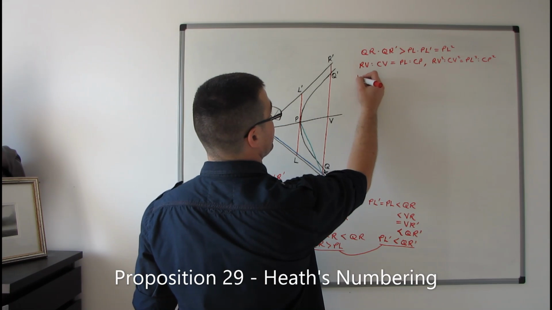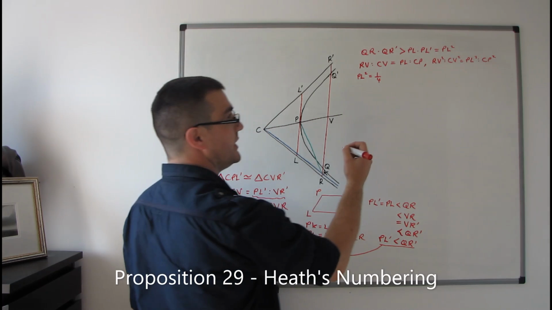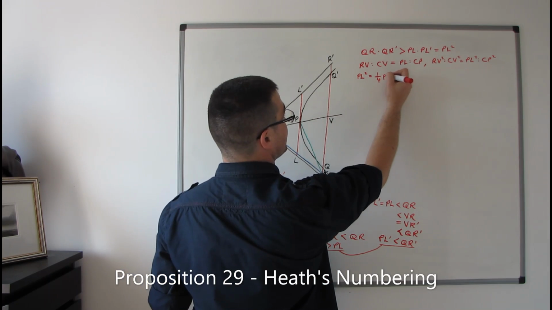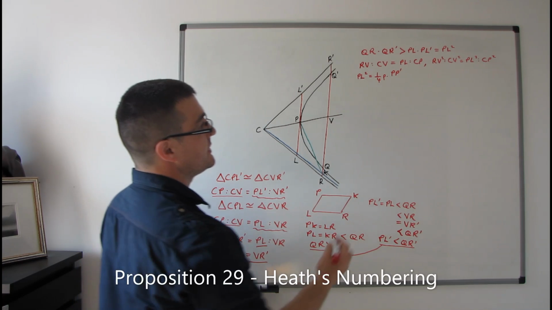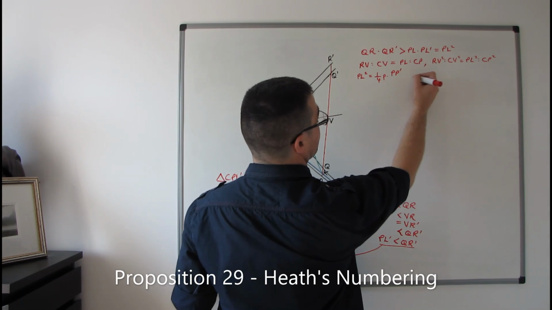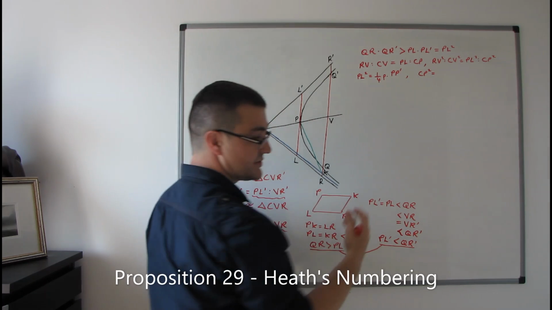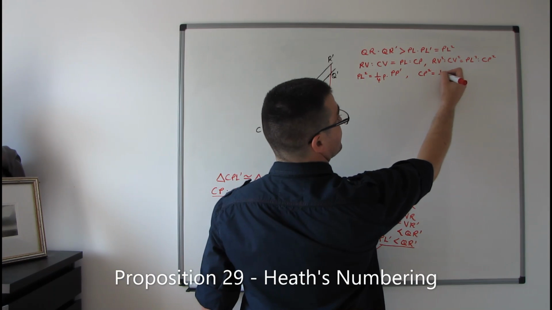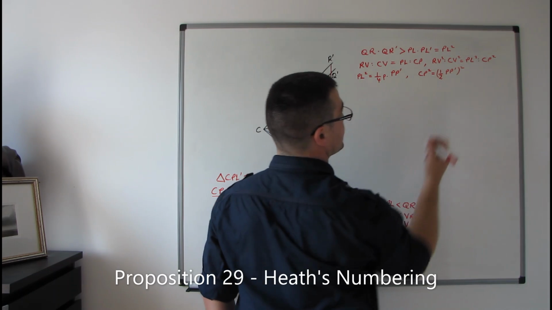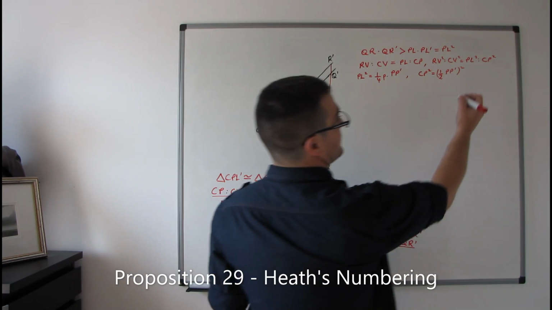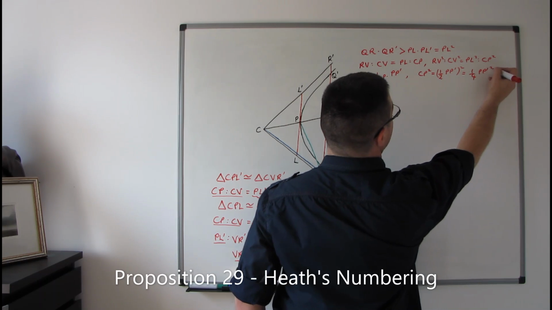But we know that PL squared is equal to a quarter the parameter P times PP primed, and also that CP squared is equal to a half PP primed squared, which is a quarter PP primed squared.